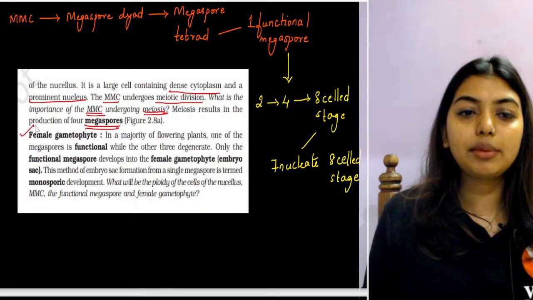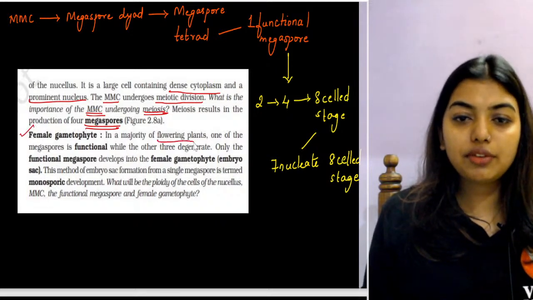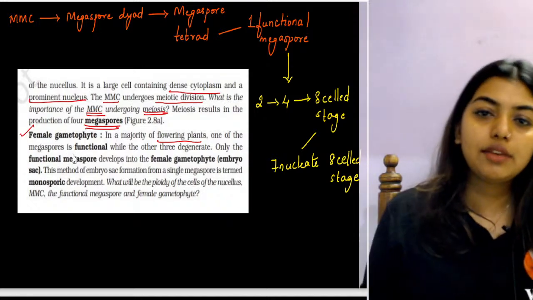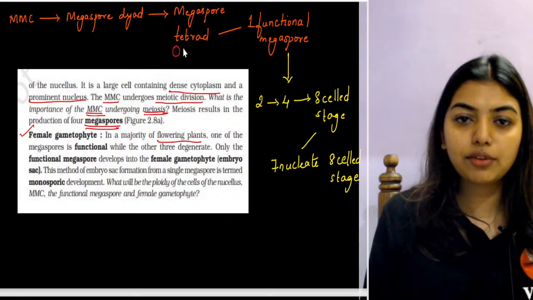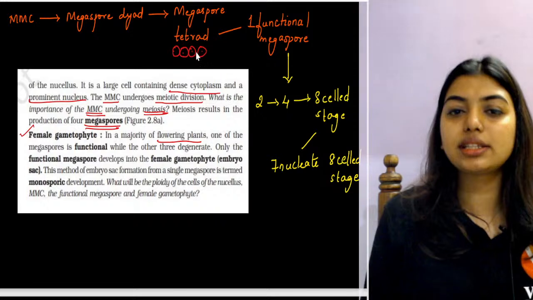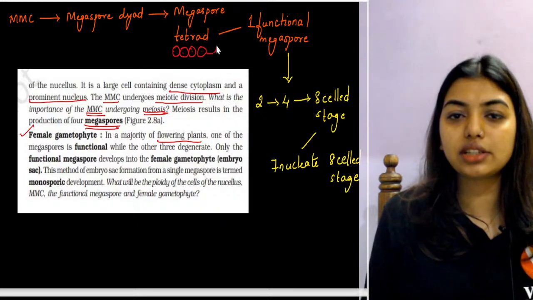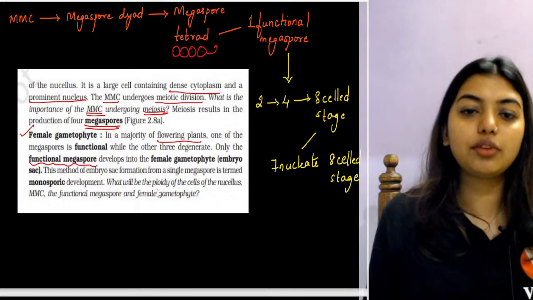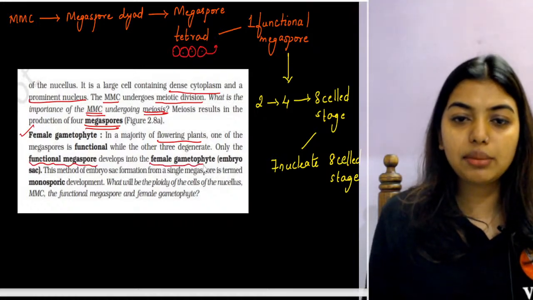Now, the female gametophyte. In the majority of flowering plants, one of the megaspores is functional. I told you, even though 4 of them will be formed, all 4 will not go to the next stage. Only one will become functional. So one functional megaspore develops into the female gametophyte.